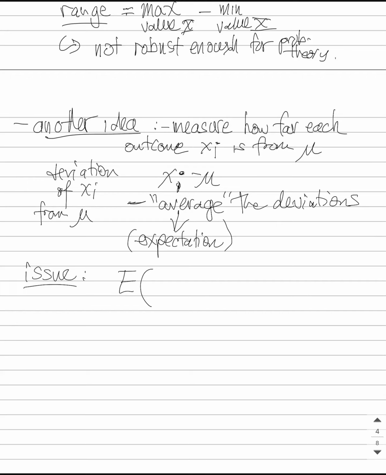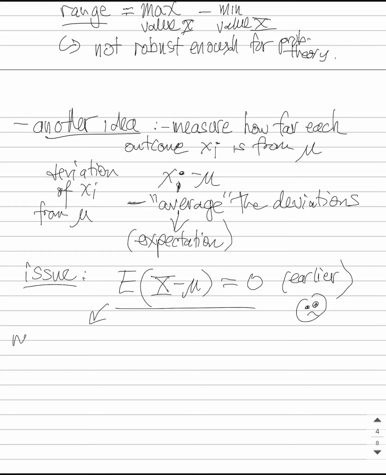If we try to take the expected or average value of all of the deviations, we end up getting 0, always, for any random variable. And we proved this earlier with the expectation properties. So that's too bad, because I think a good way of measuring spread is to see how far each outcome is from the mean. But mathematically, every probability mass function behaves in this way, that it will give you an average deviation of 0. So that's kind of unfortunate.